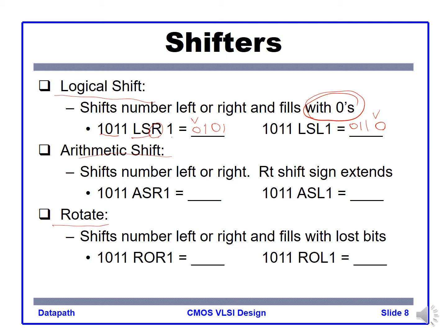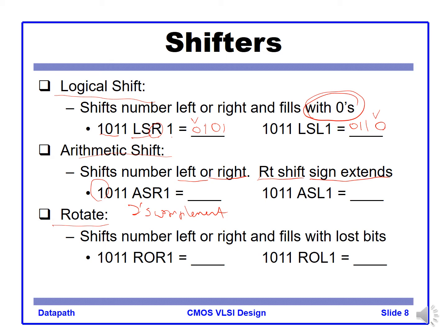For the arithmetic shift, we shift the number to the left or right, assuming this is a two's complement number. So shift left, shift right, we can have some value.